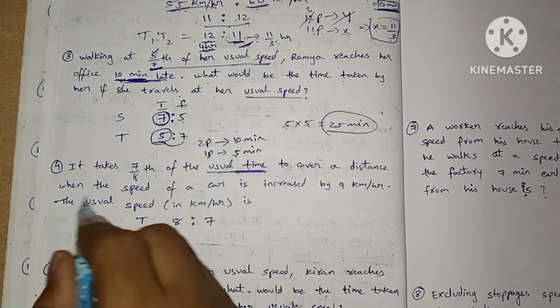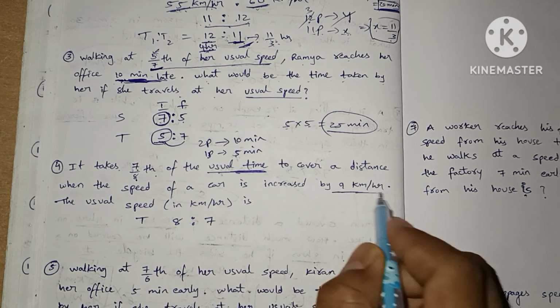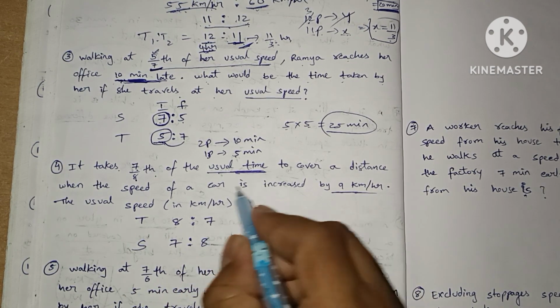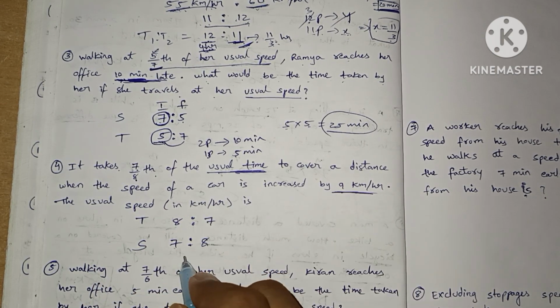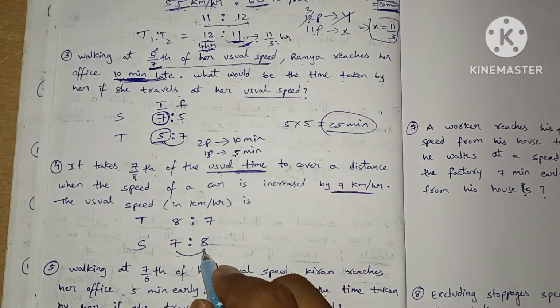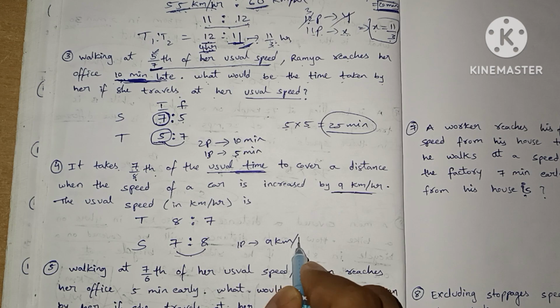To cover a distance when the speed of a car is increased by 9 kilometers per hour. So the speed ratio is 7 is to 8, and this statement refers to the difference between these speeds being 9 kilometers per hour. So the difference between these two is 1 part.